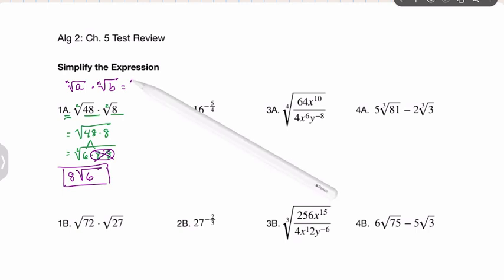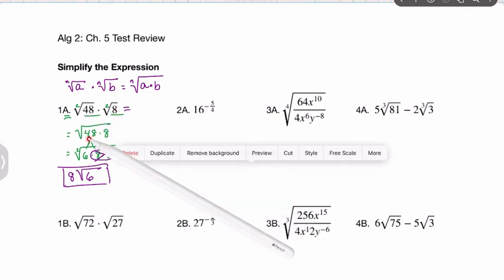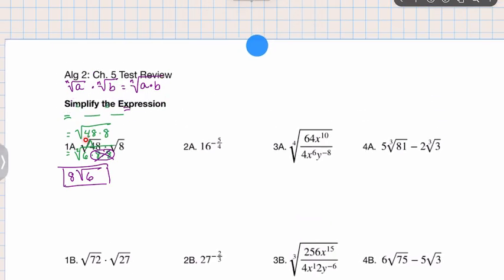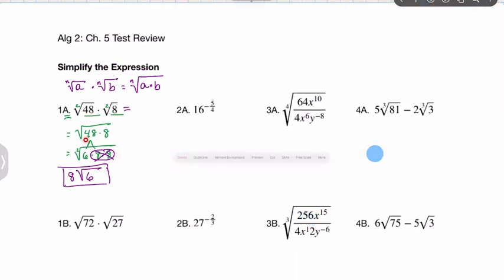So it would be the nth root of a times b. This was my a here, this is my b, and so this is now under the same radical.